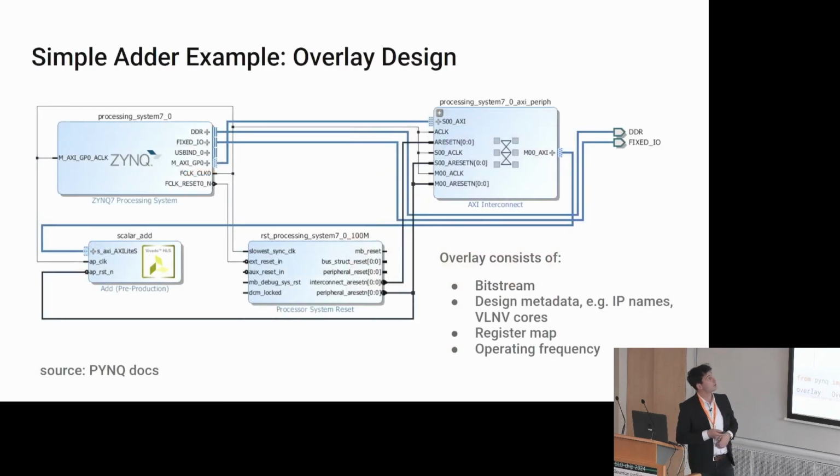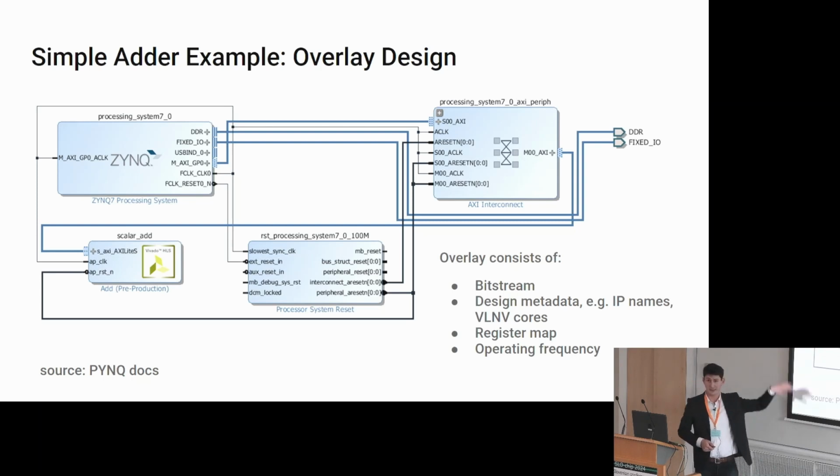So when we talk about overlays, let's have an example of one overlay design. This overlay design integrates the accelerator for scalar addition, and it's connected with the Zynq core. Basically, it contains the host processor.